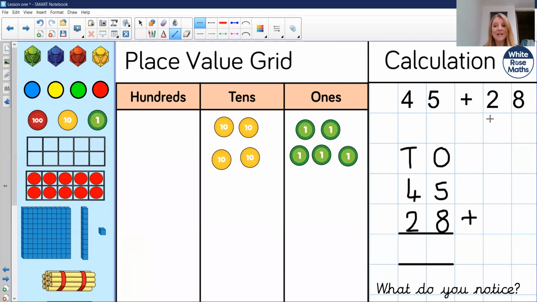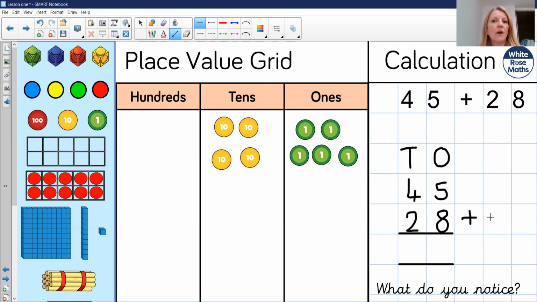And then when we need to add on 28, make sure that the 2 is in the tens column and the 8 is in the ones column, that you haven't shifted one over to the side, because then it won't be in the correct columns and it makes it really tricky for your calculation. So make sure you've got your place value headings. This one is just tens and ones, 45, and there's our addition sign, add 28, and then our equal signs at the bottom where we're going to work out our answer.